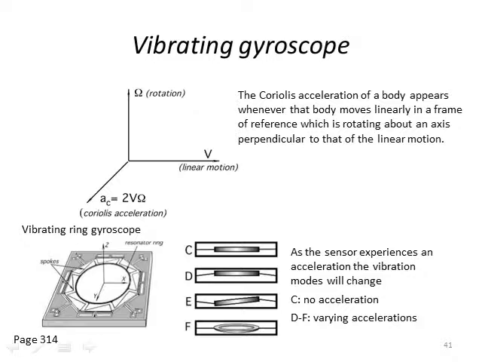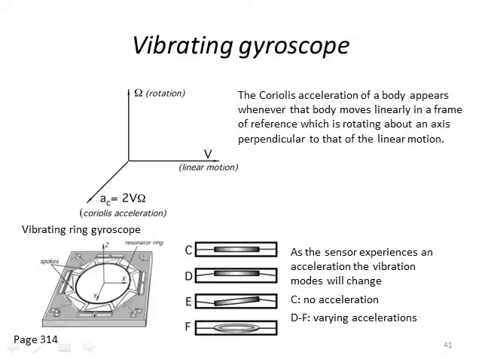Now, when we get this Coriolis acceleration, so basically we've got this vibrating disc in this frame, and then the frame is rotated, then the acceleration is going to cause changes in the vibration mode of this disc, and that's represented in diagram D, E, and F. These vibration modes are going to change as different Coriolis acceleration due to velocity and angular movement.